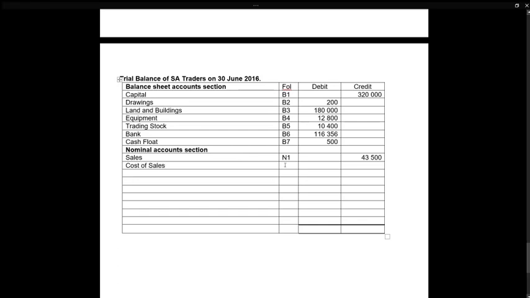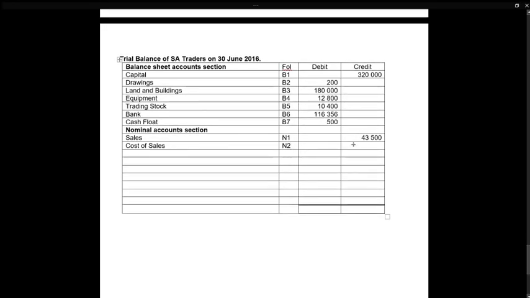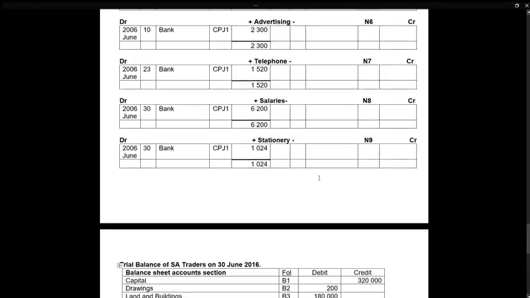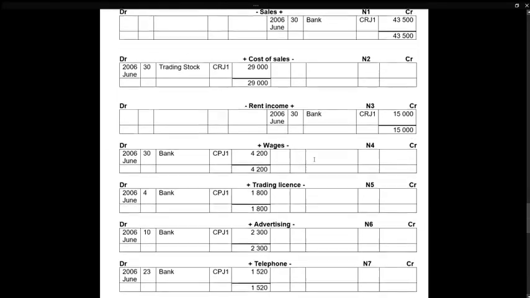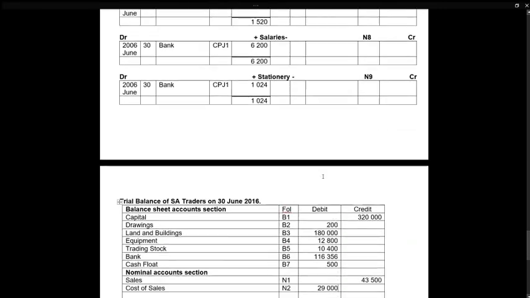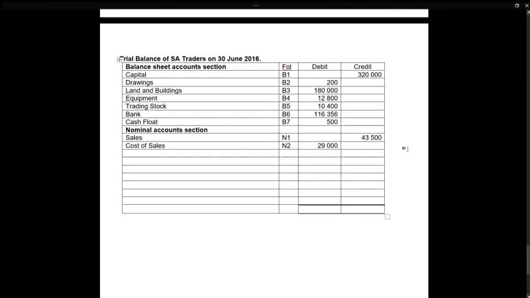Cost of sales, N2, with a debit balance of 29,000 Rand on the dot. N3, rent income, 15,000 Rand, credit side. N3, rent income.